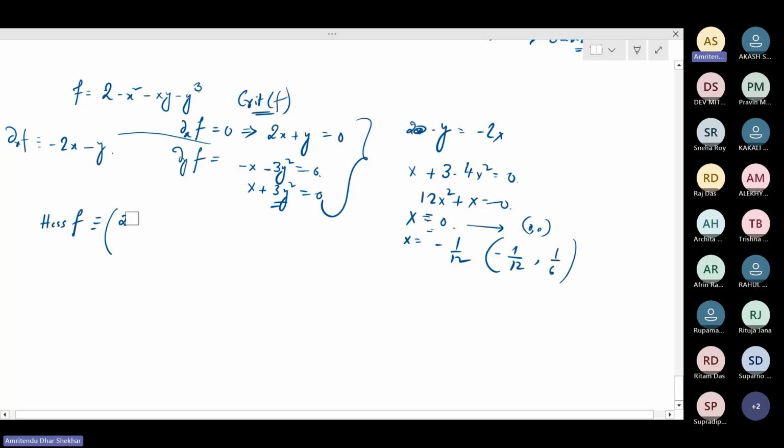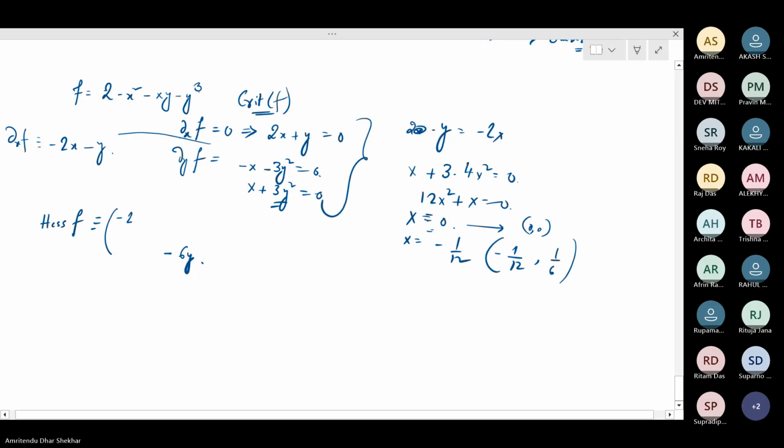So if you take the second derivative, that's equal to minus 2. Similarly, here it is equal to minus x minus 3y squared. So if you take the second derivative, that is equal to minus 6y.